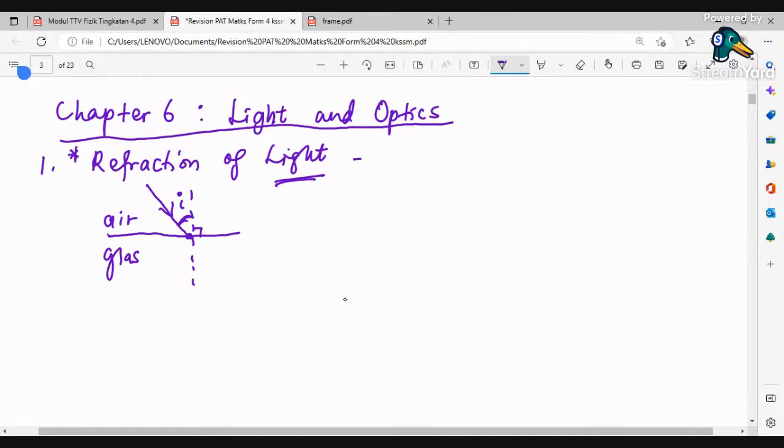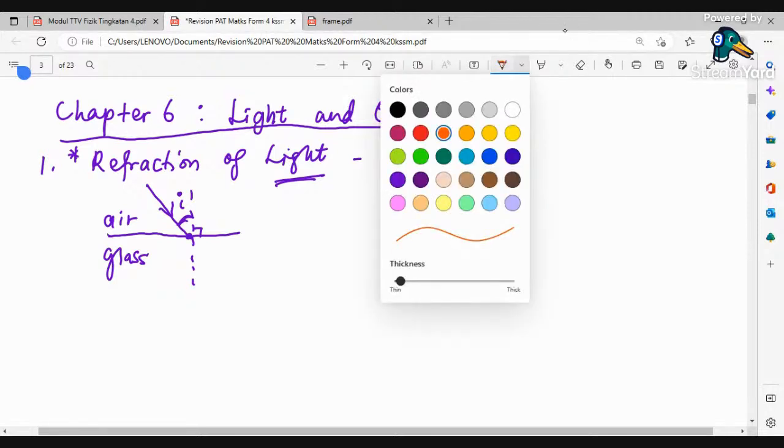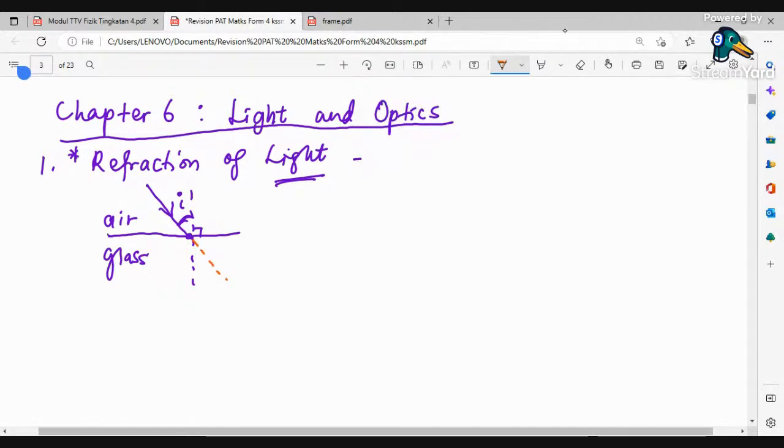What happens when light travels from air to glass? Less dense to denser, speed decreases. If no refraction, it should travel in a straight line like this. So it refracts towards the normal; draw in this area, any place in this area. So you can see angle R here. For less dense to denser, it bends towards the normal because the speed of light decreases in glass.